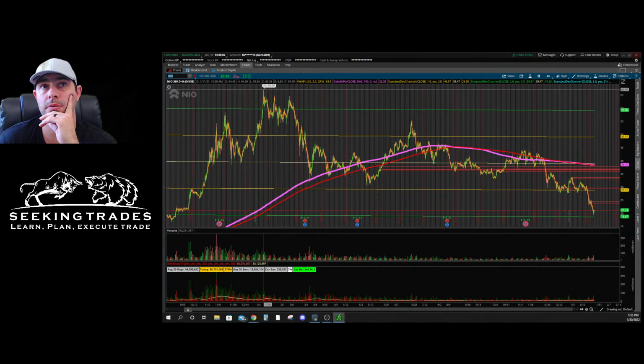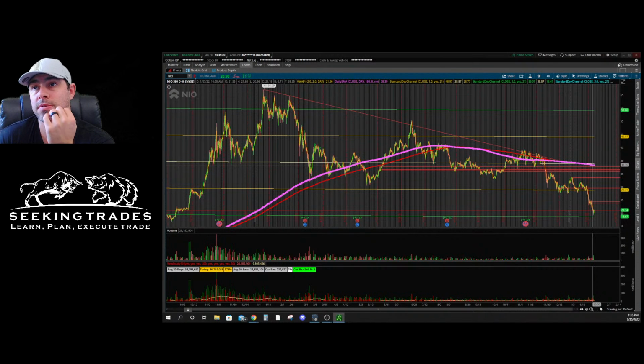Long term here, we'll put our trend line in. So we do off that first point up there down to here. And the fact that it's below its 200 moving day average makes it look even more weak. That's terrible.